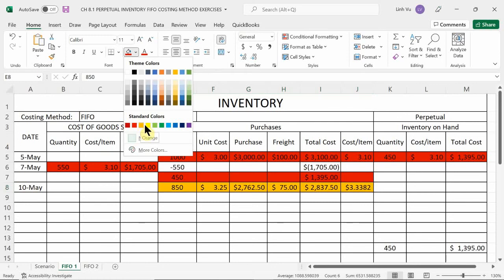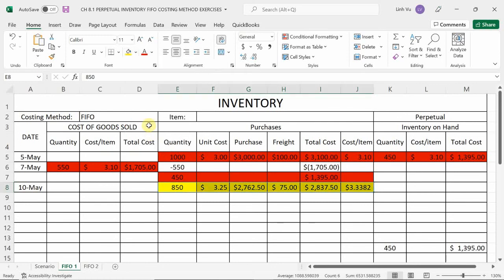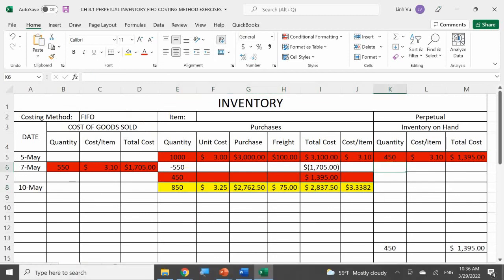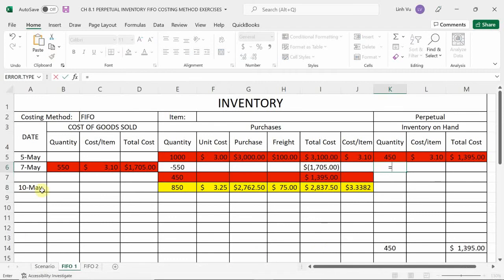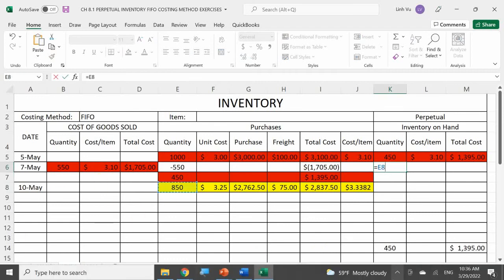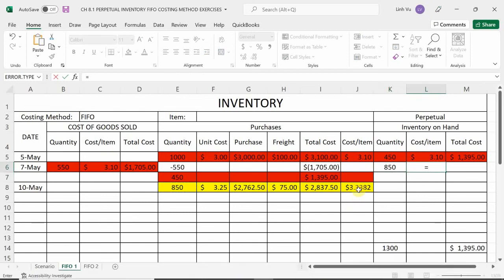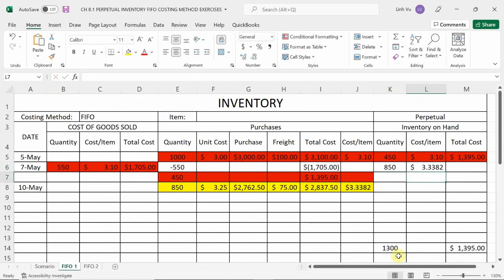In this case, I'm going to make this one yellow, just because it's a standard color. And now that I made a purchase of inventory, I need to carry this batch of inventory into my inventory worksheet, or my inventory on hand. So I have an additional 850 units at $3.3382.